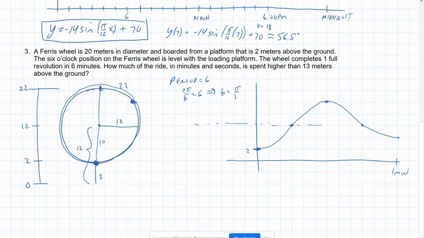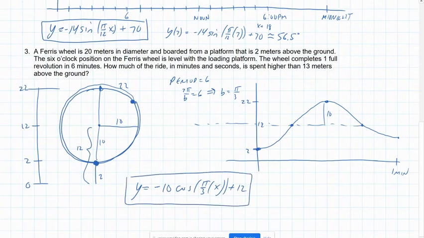Our midline would be here at 12. And so y equals, our amplitude should be 10. I think I originally said 20, but it should be 10, and it's an upside down cosine graph. So negative 10 cosine. We said b is pi over 3. It hasn't been shifted at all, so it's just going to be pi over 3x, and it's vertically shifted up 12. So that is the equation that models our function.